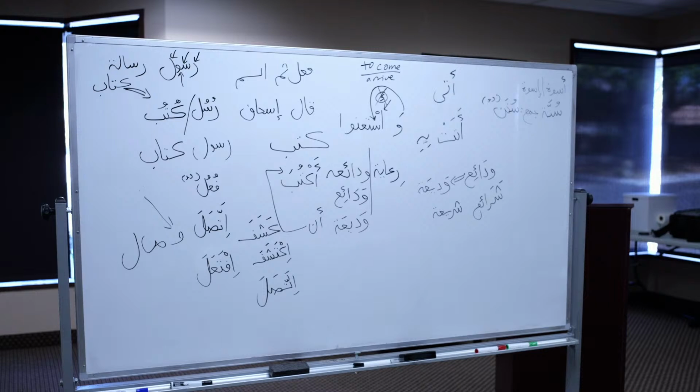Therefore, it's considered a broken plural, and so its plural is going to be feminine. All verbs and adjectives that agree with it must be feminine, and therefore the pronouns that reference it must also be feminine. So min mu'akkidiha, min mu'akkidi sunan.